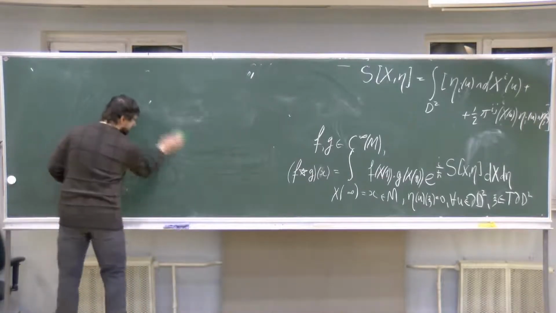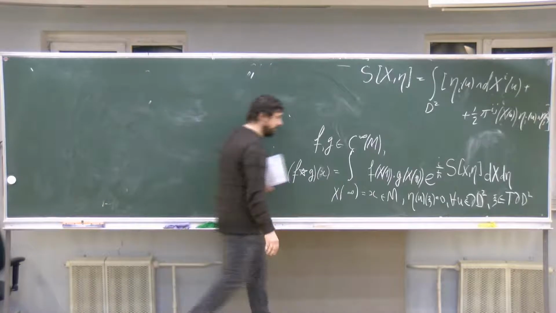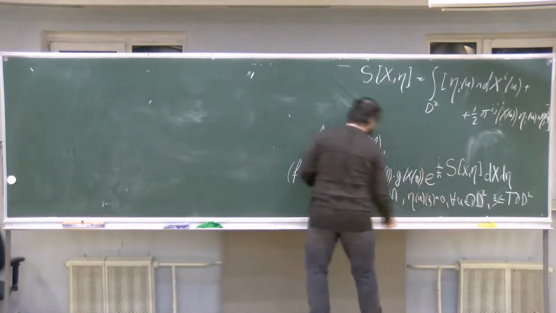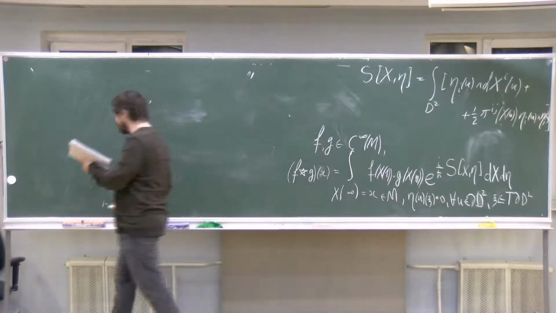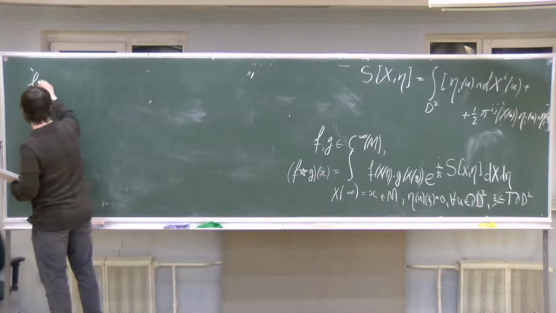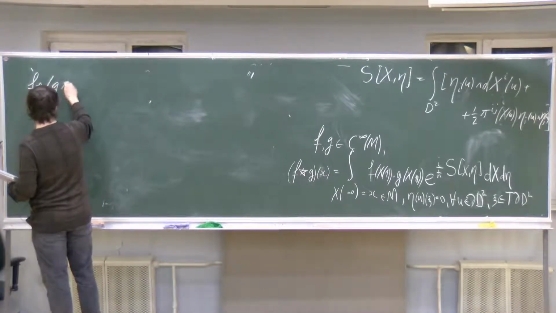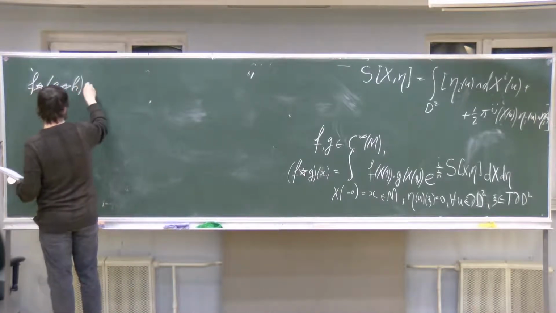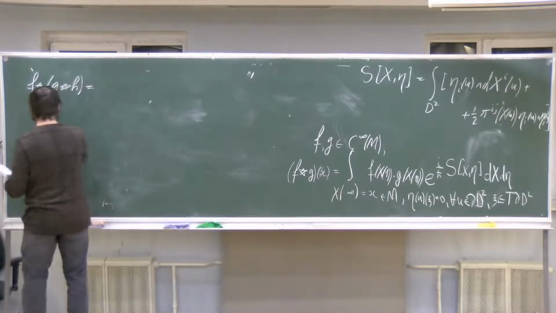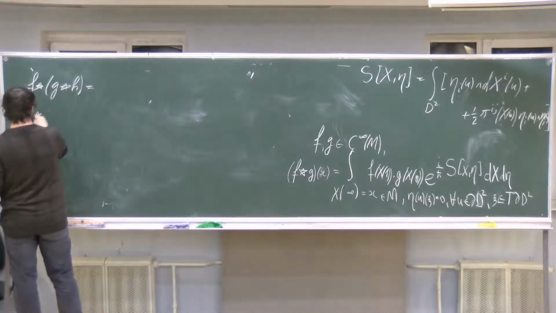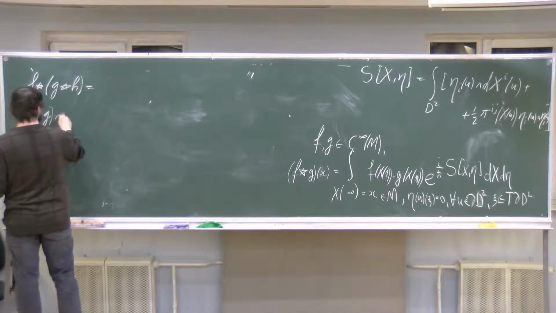Namely, we just write down the associativity condition. It is that f star g star h is equal to the other way around, f star g star h.